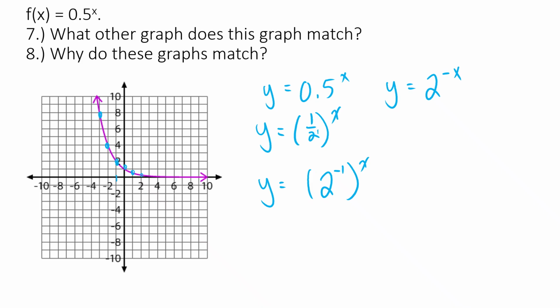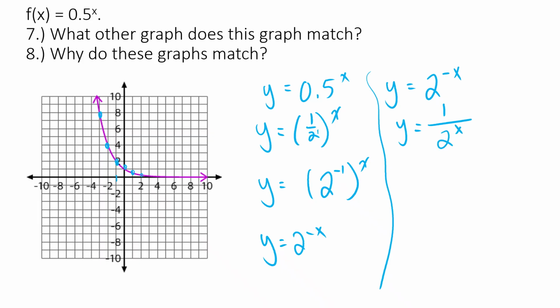And then if you have something raised to a power raised to a power, you would multiply those exponents. And so -1 times x would give me negative x. You could also work that in this direction. You could say 2 to the negative x is the same as 1 over 2 to the x.